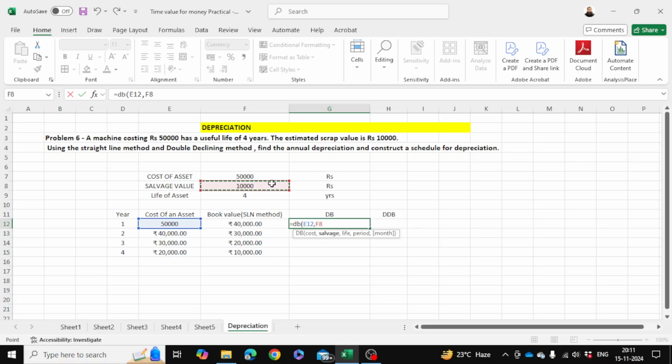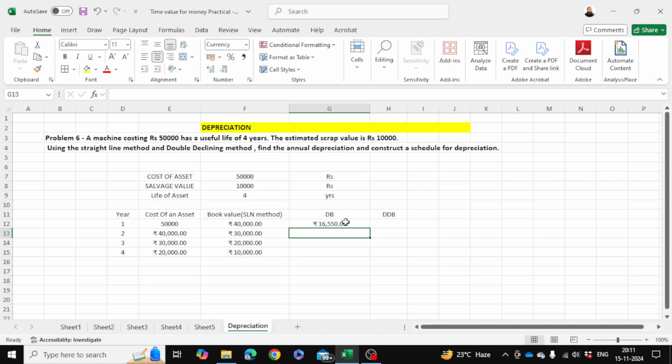Salvage from this place, make it constant. Take the life here, again it is constant, but the period will change, right? So for the first year you are going to take it. Month, if it is not given, leave it, no need to mention it. Click on this. So this is the depreciation, right?